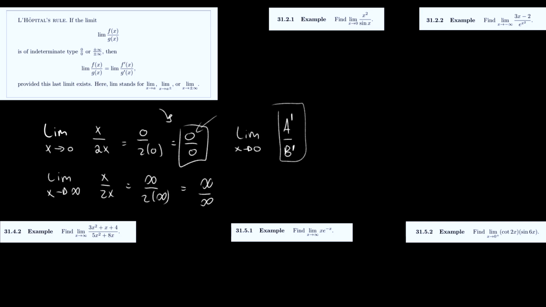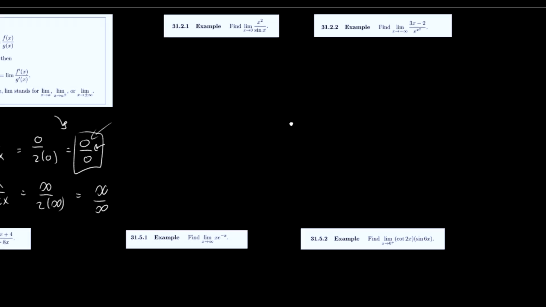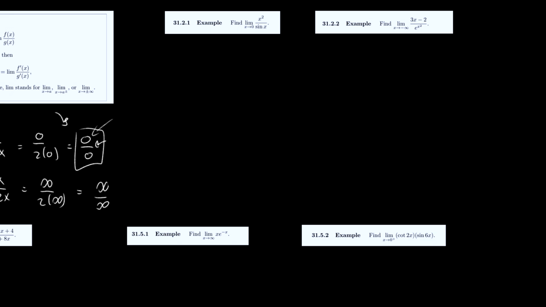Don't get confused. I've seen only one student in my entire teaching career get confused and use the quotient rule to differentiate for the L'Hopital's limit, which is obviously not what we want to see. You know what I mean? Anyway, now that you understand the basis for L'Hopital, let me do 5 examples.